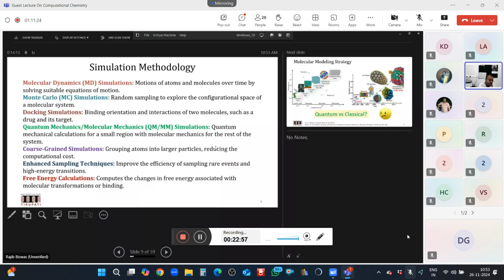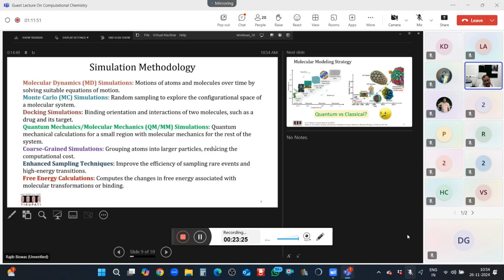There are other methods known as free energy calculations, which give us the energy associated with many molecular transformations or binding. For example, if I would like to study proton transfer, how the proton is going from one acid to the water molecules or some other base is abstracting that proton, then as a function of the distance you can find out the energy cost. What will be the energy barrier for that proton transfer reaction?